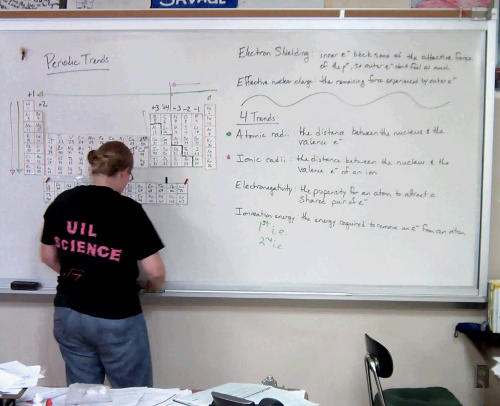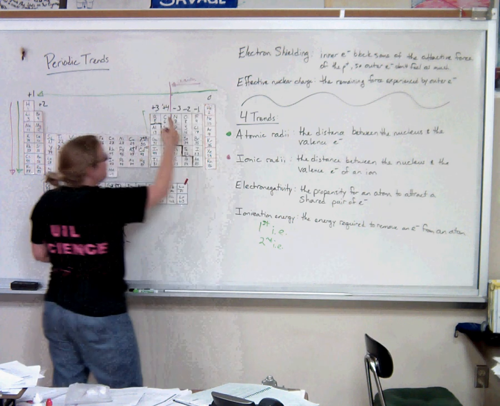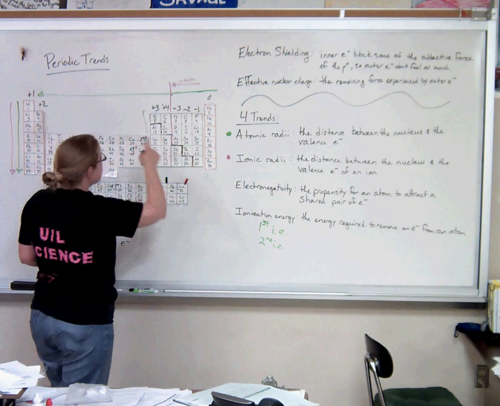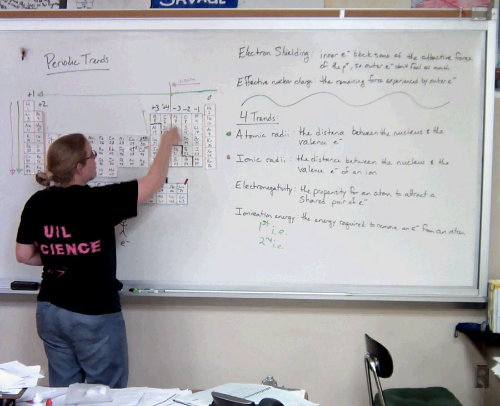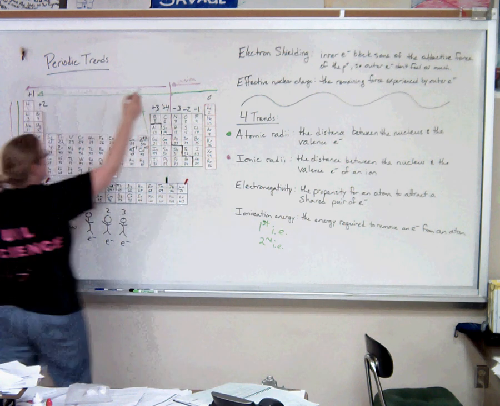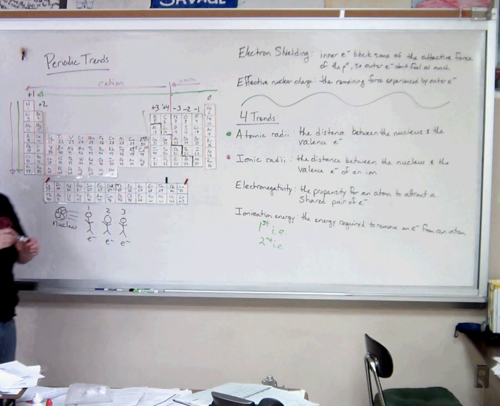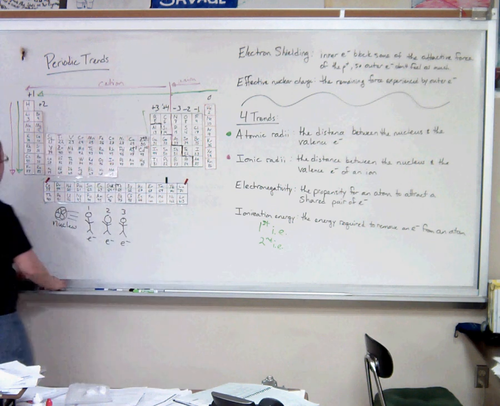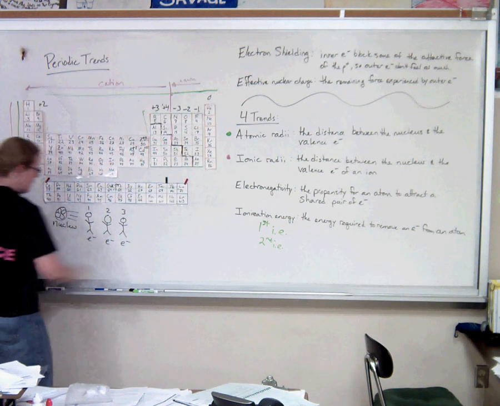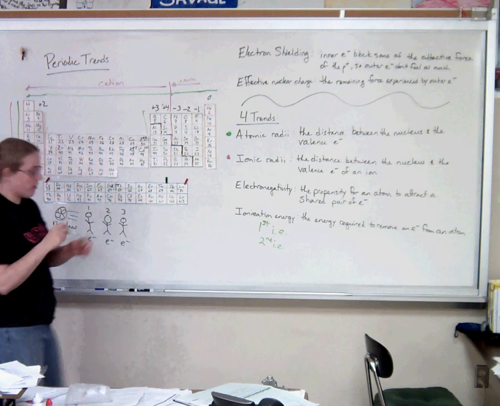So the anions get bigger as you go left until you get to here, where the anions stop. And then the cations are small again. These are way smaller than these, and get bigger again as you go left across the periodic table. So it's kind of the same way as atomic radius, but there's a split between the cations and the anions. Sorry, I'm going to do that the right way.